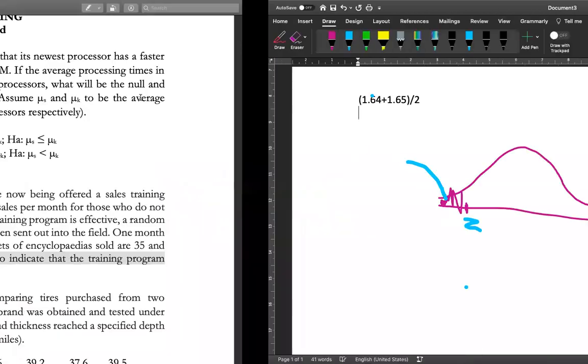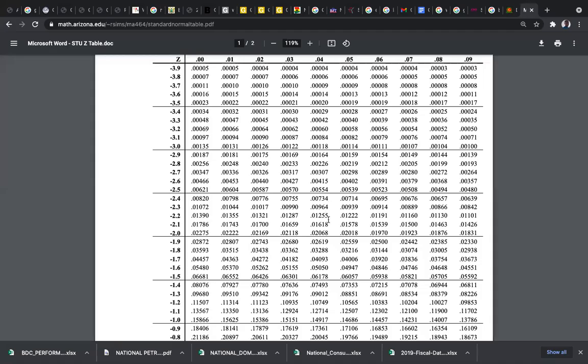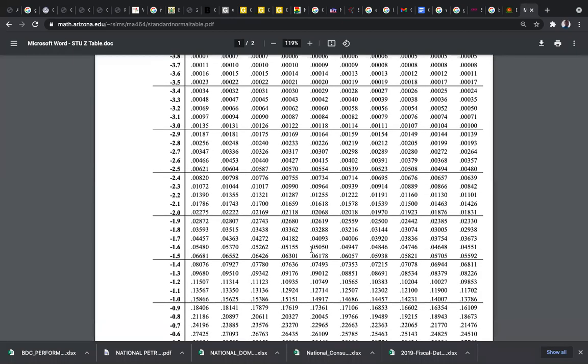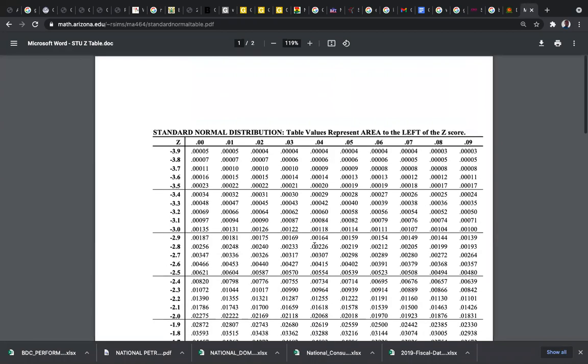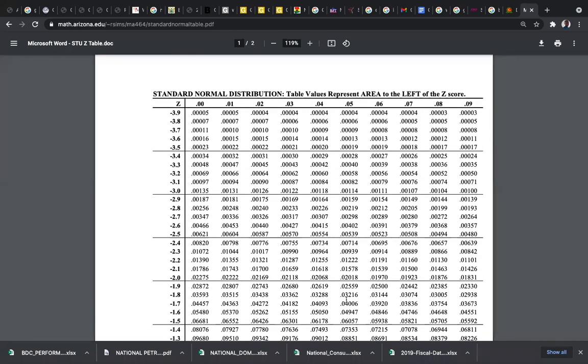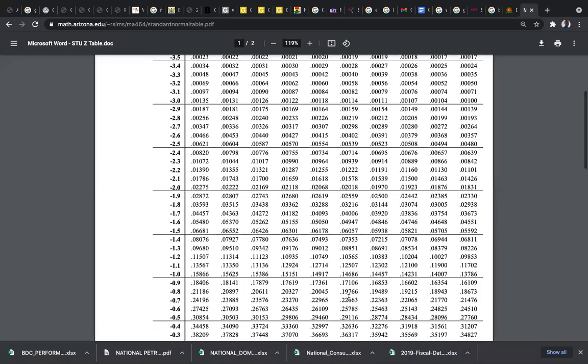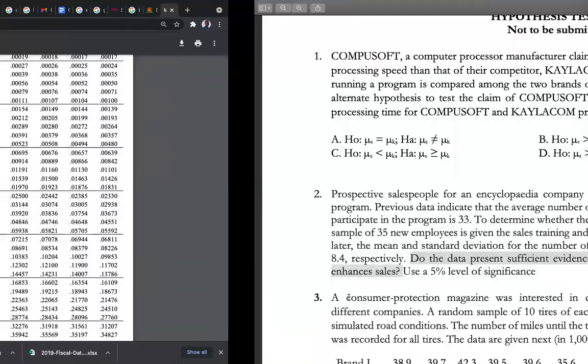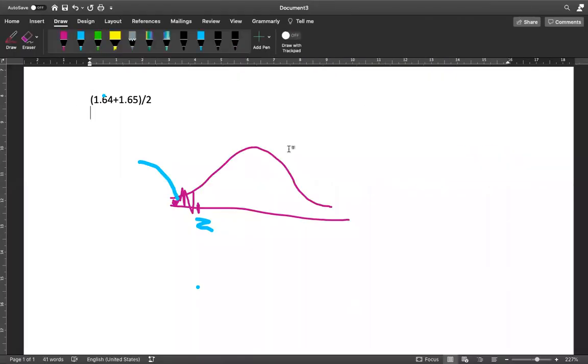We didn't get the exact 0.05 from the table, but we found out that the 0.05 lies between these two figures, and the Z values that correspond to them are negative 1.64 and negative 1.65. So we assume that the actual value is closer to the average than to the endpoints.